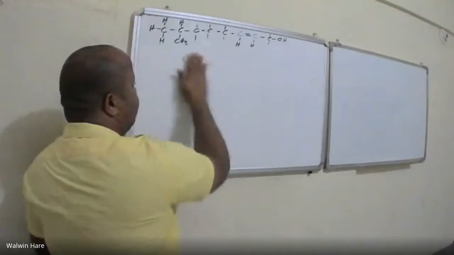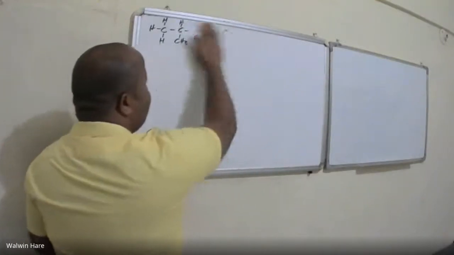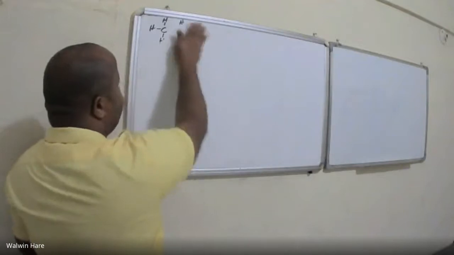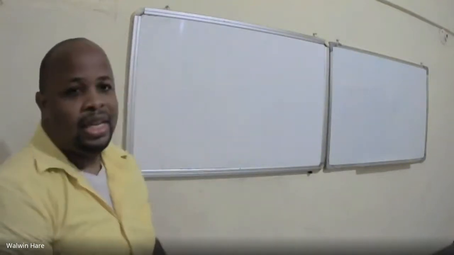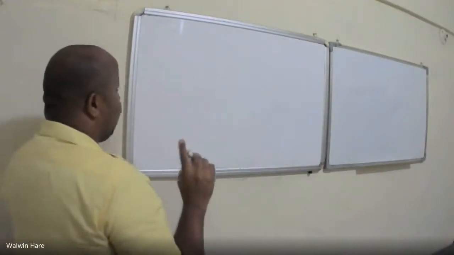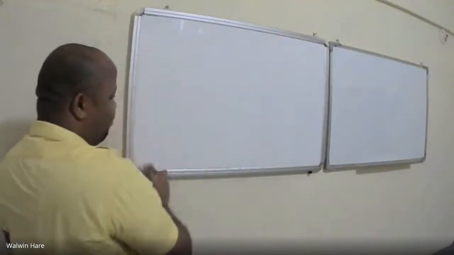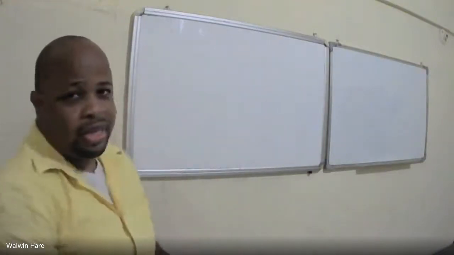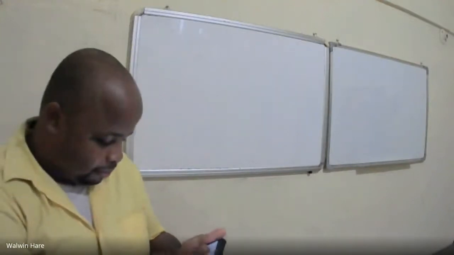An alkene. Right, alkene. So when you crack the alkane, you must get smaller alkanes as well as an alkene, at least one alkene. So any alkane you crack, you must get a smaller alkane and alkene.